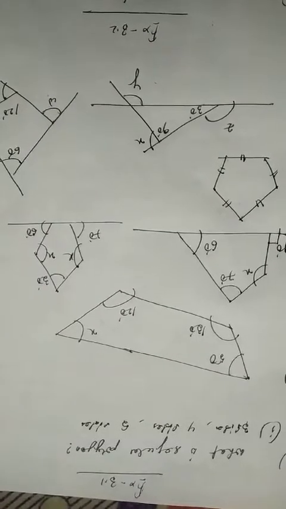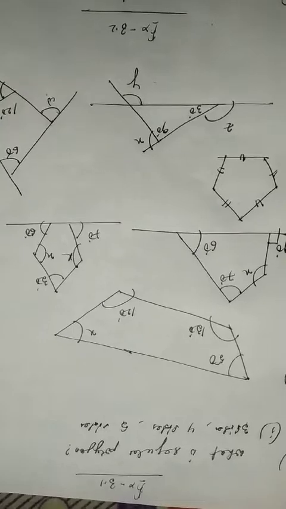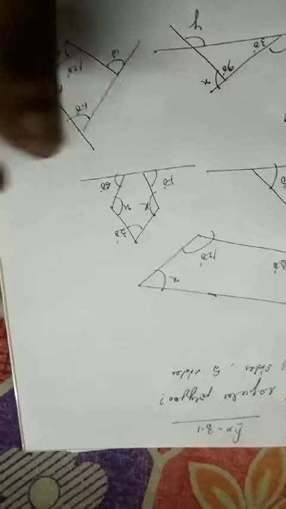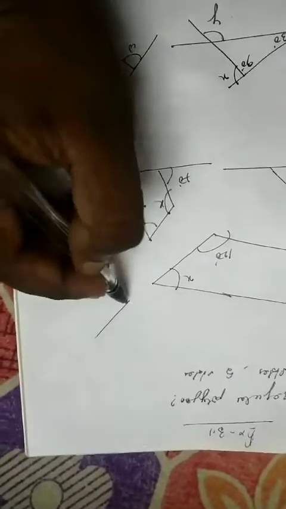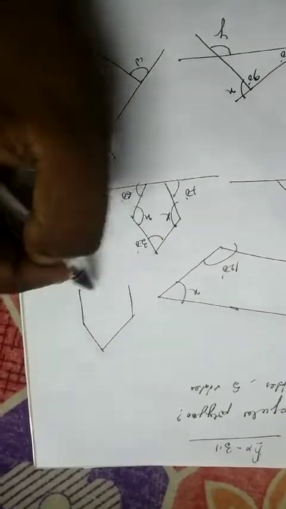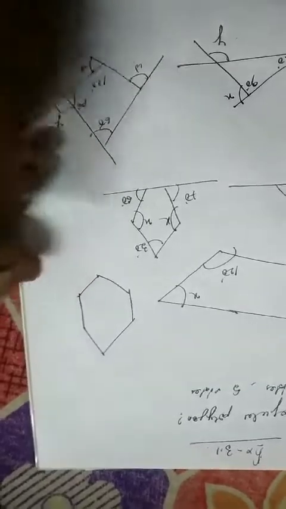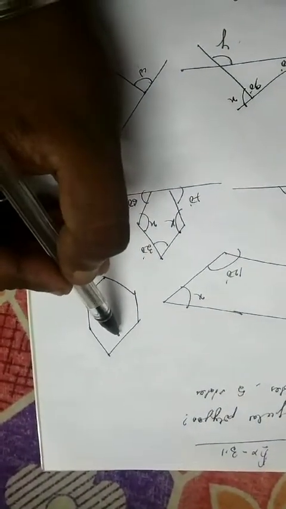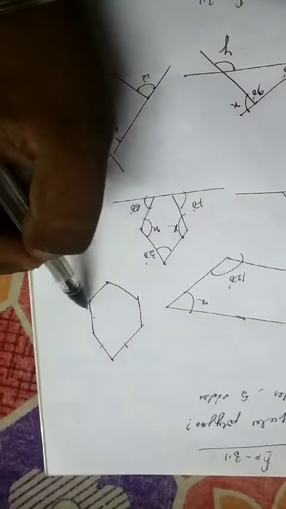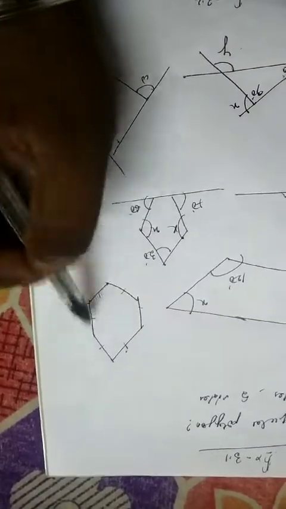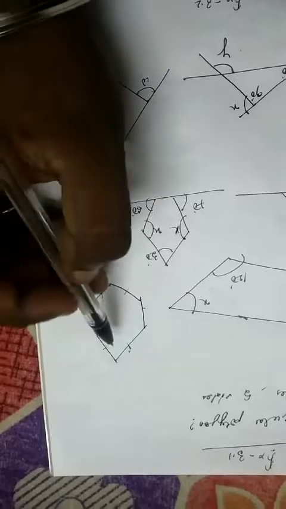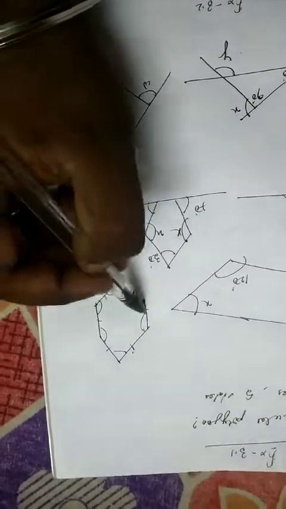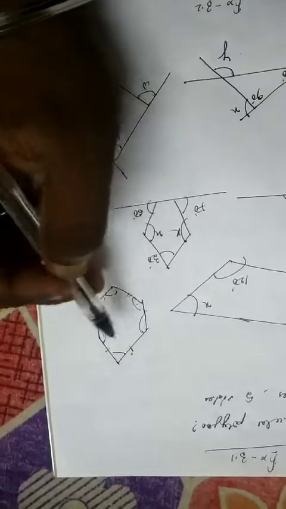Now let me draw one hexagon for you all. This is a regular hexagon. Regular hexagon means the measure of sides 1, 2, 3, 4, 5, 6, all six sides, are equal, and all these six angles are of equal measure.